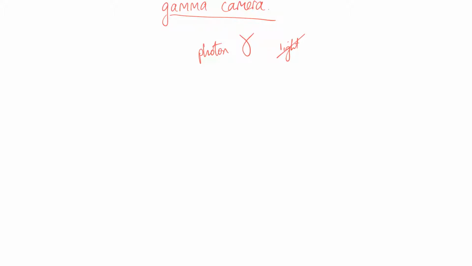A tracer is a radiopharmaceutical or a radioisotope. It could be an isotope connected to another chemical, another molecule like glucose, or it could be a radioisotope itself that's releasing these gamma rays.